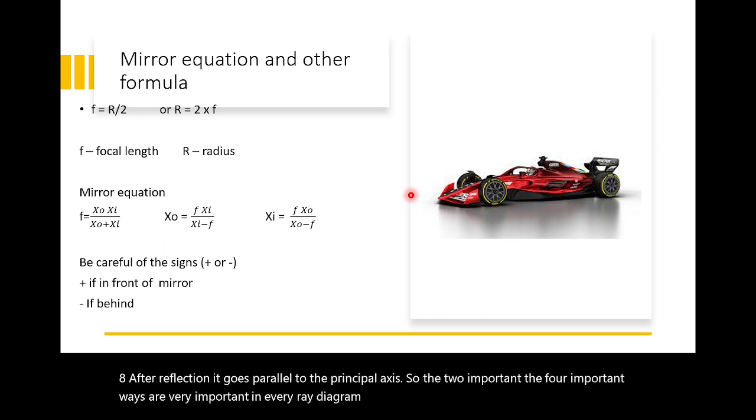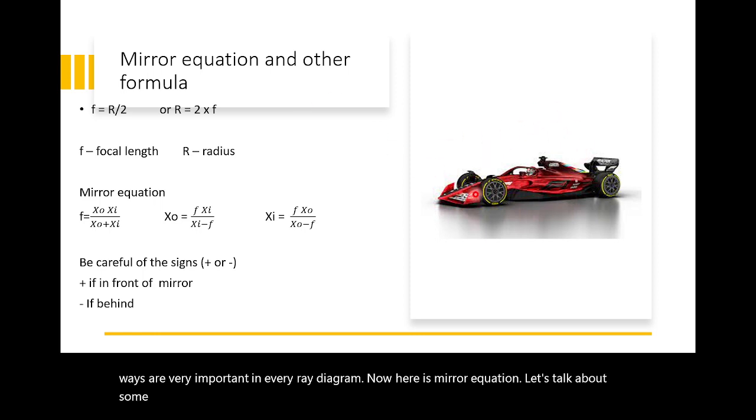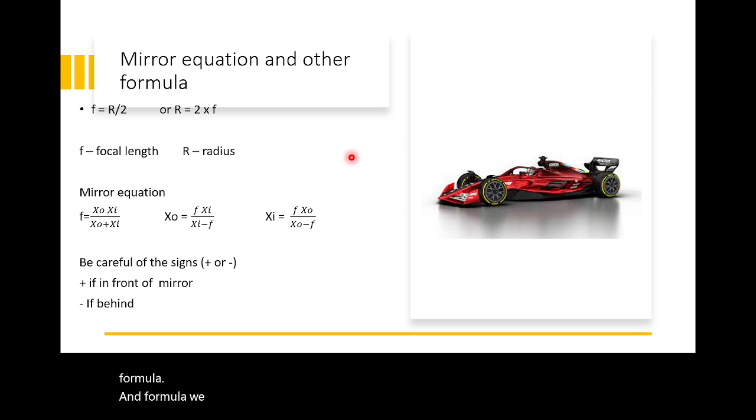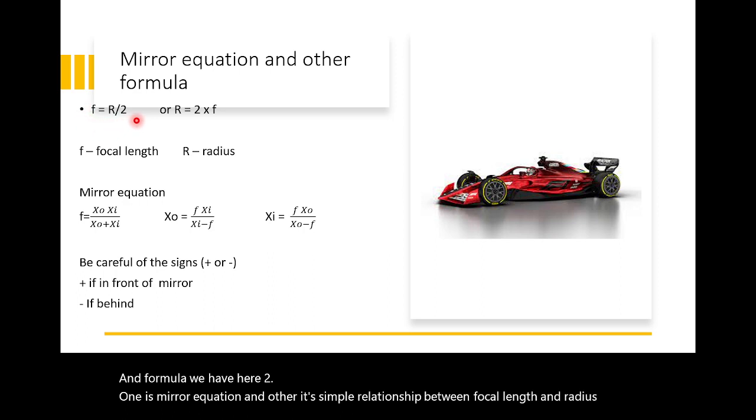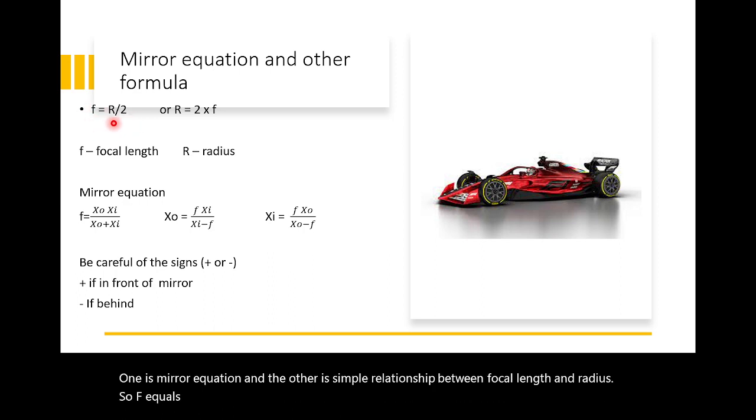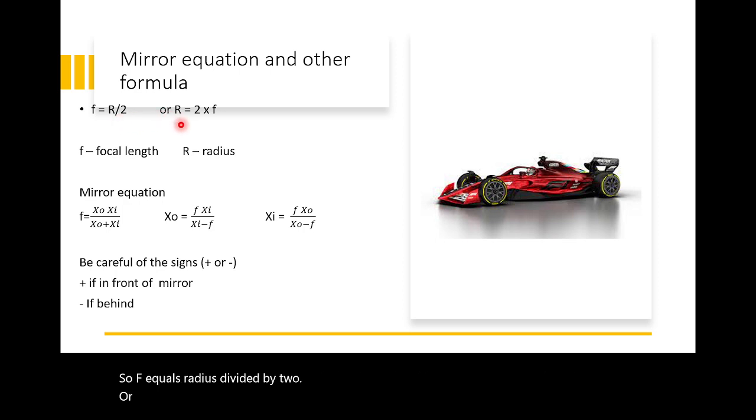Now here is the mirror equation. Let's talk about some formulas. And we have two formulas here. One is the mirror equation and the other is a simple relationship between focal length and radius. So f equals R divided by 2, or if you want to find R, it will be equal to 2 times focal length.